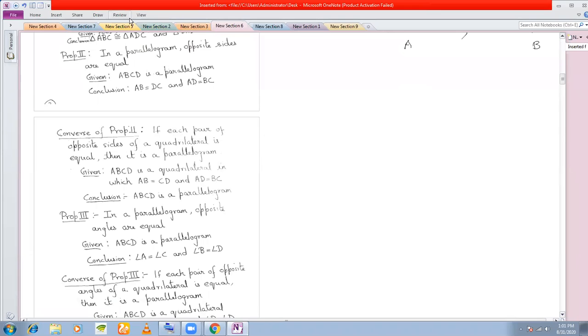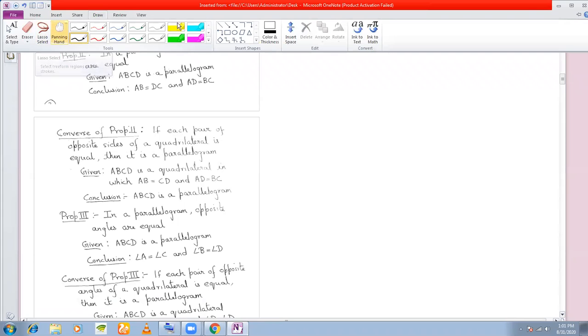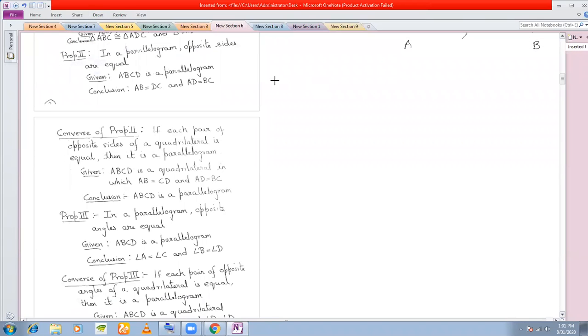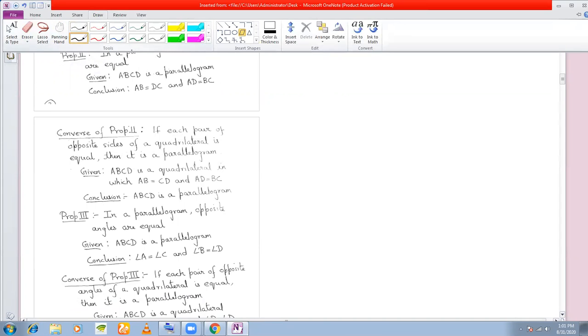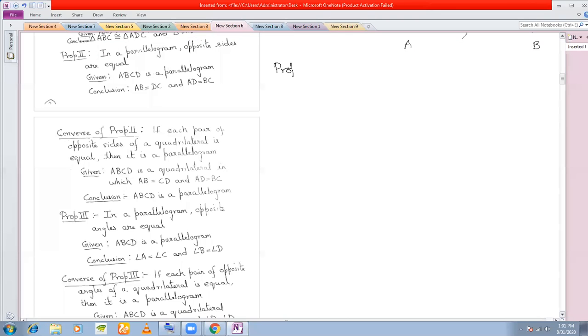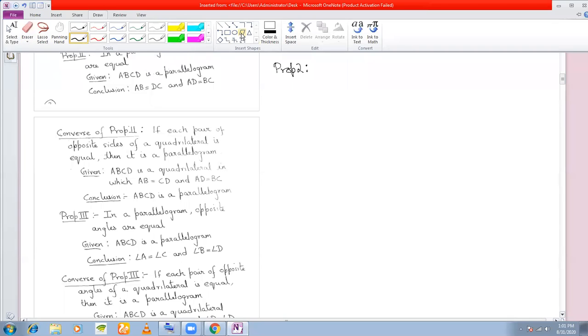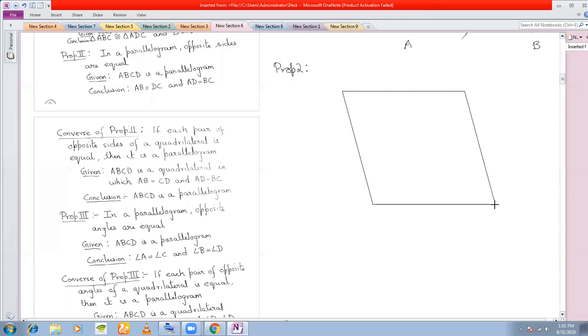In a parallelogram, opposite sides are equal. This is a theorem. This is not the definition of a parallelogram. So according to this property, property 2, if I give you this parallelogram, I know that these two sides are parallel.